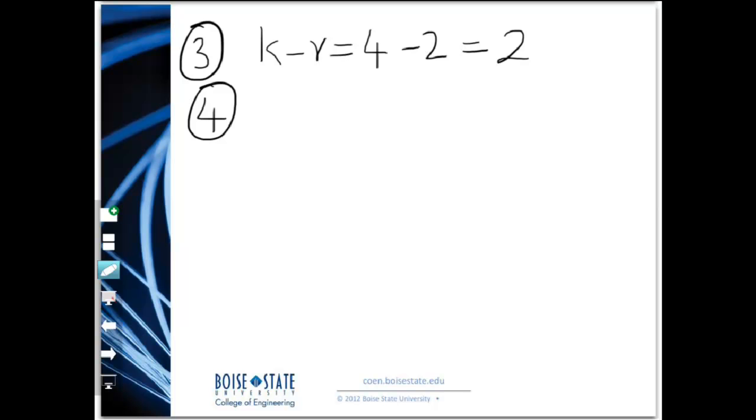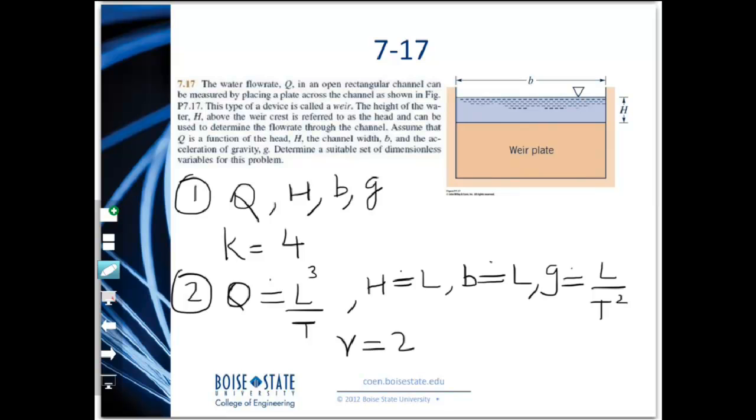So again, you have a choice here of picking H and G as your 2 repeating variables, or B and G, since they do not form a dimensionless group between them. Obviously, you cannot pick Q because it is the dependent quantity. So just remember, you can't pick that.